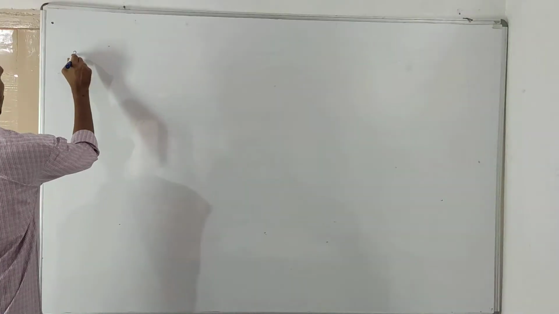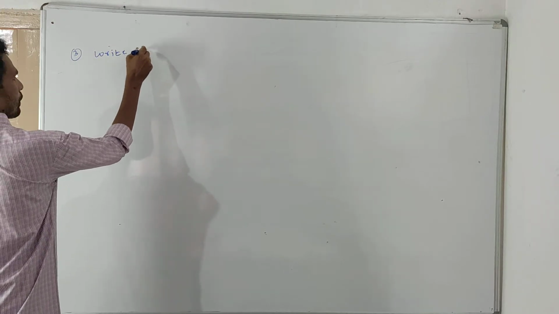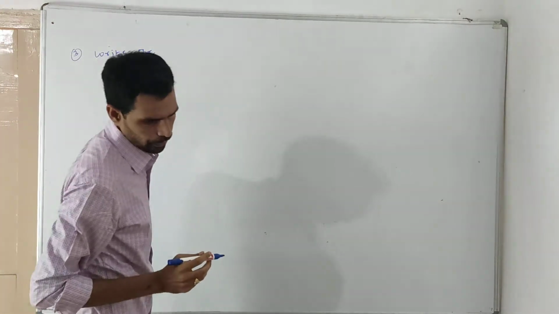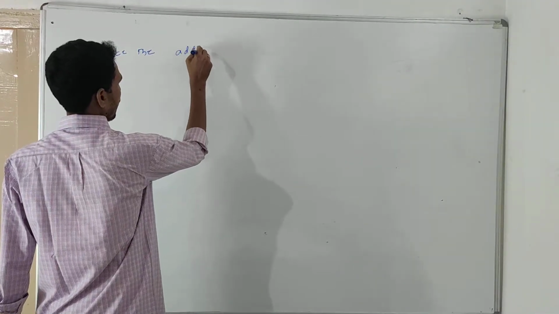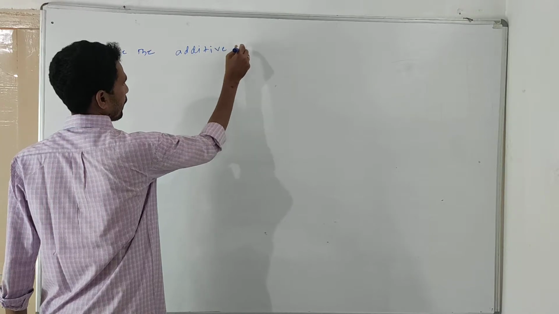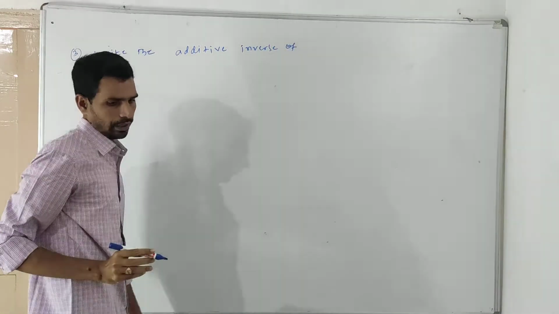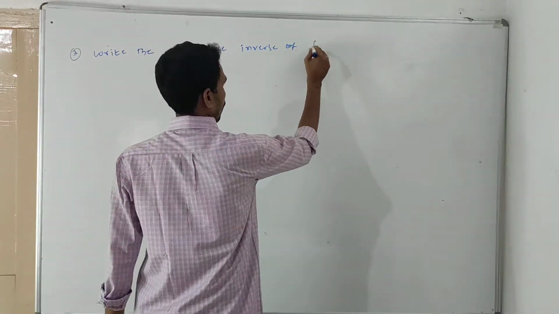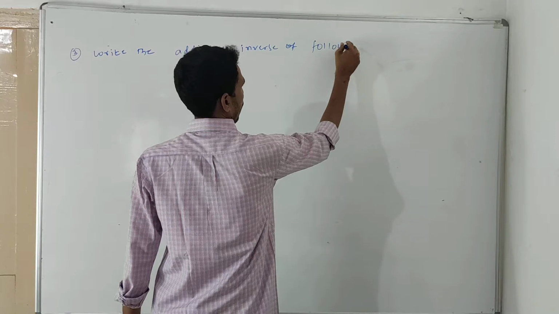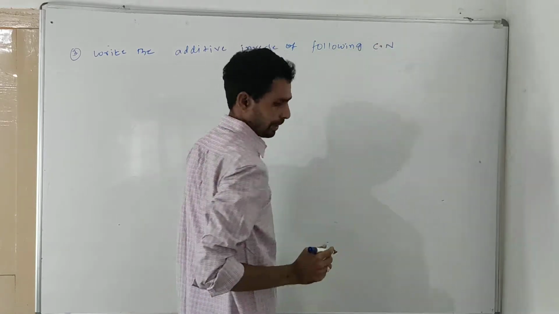Right? Third problem. Write the additive inverse of the following complex numbers. Here means complex numbers.